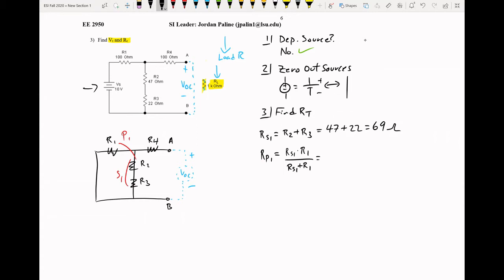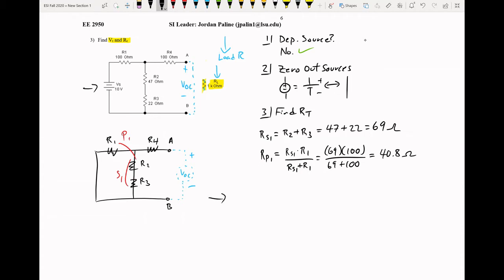So that'll be 69 times 100 over 69 plus 100. And what will that give us? That'll give us 40.8 ohms.